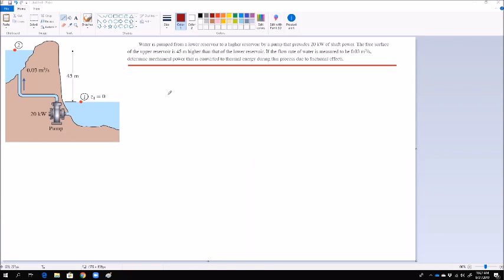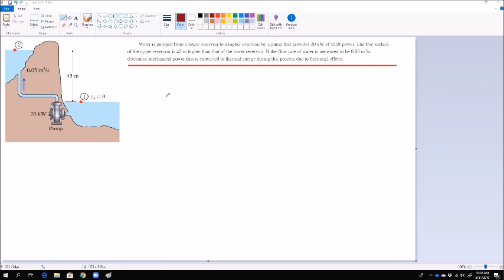The difference in the height of the two reservoirs, the surface of the two reservoirs, is 45 meters, and the volumetric flow rate through the pump is 0.03 meters cubed per second. We have to determine the amount of mechanical power that is basically wasted by being converted to thermal energy due to frictional effects.